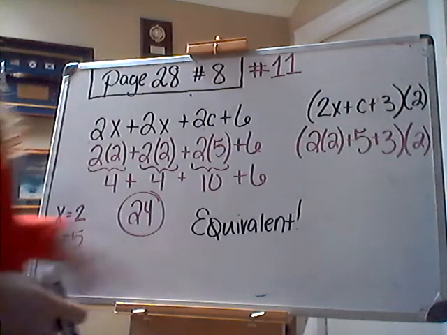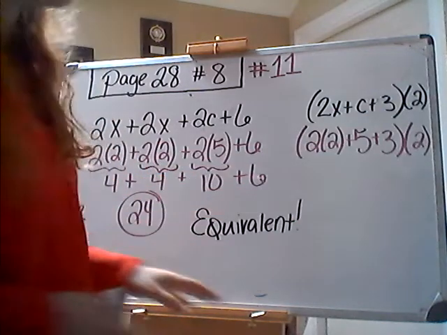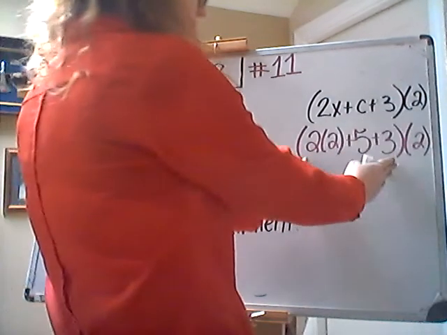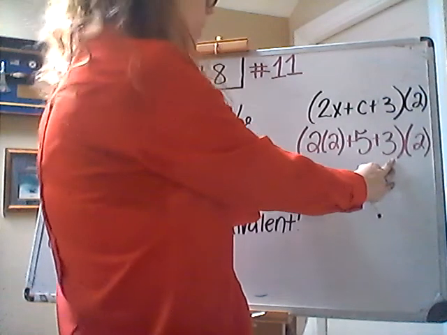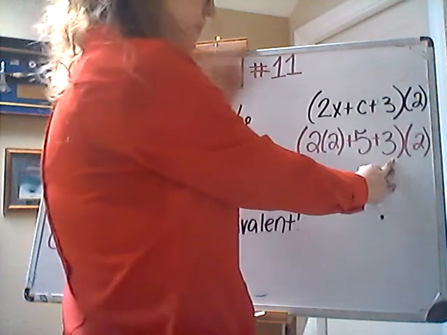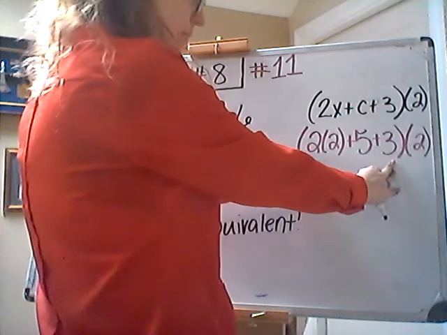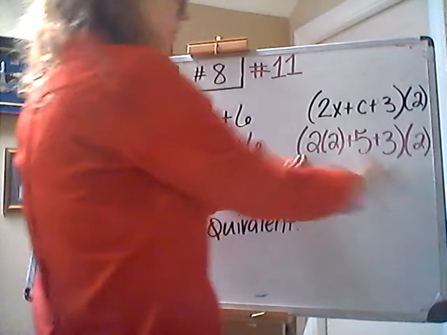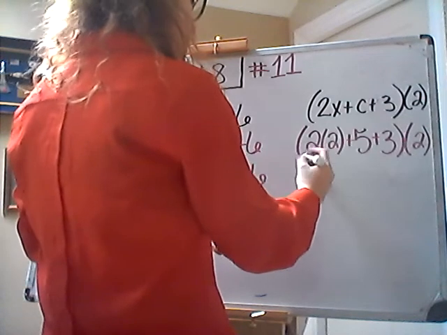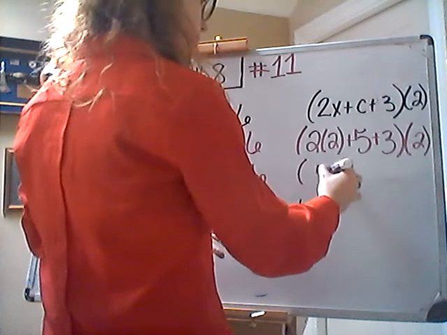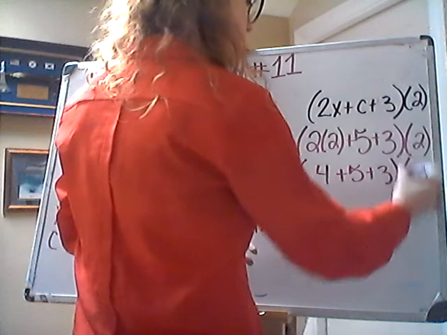So, order of operations. P is for parentheses. We have to do everything inside parentheses first. So let's look. Inside this set of parentheses, we have multiplication and addition. The multiplication comes first, PEMDAS, and comes before addition. Multiplication comes before addition always. 2 times 2 is 4. So we have 4 plus 5 plus 3, all times 2.